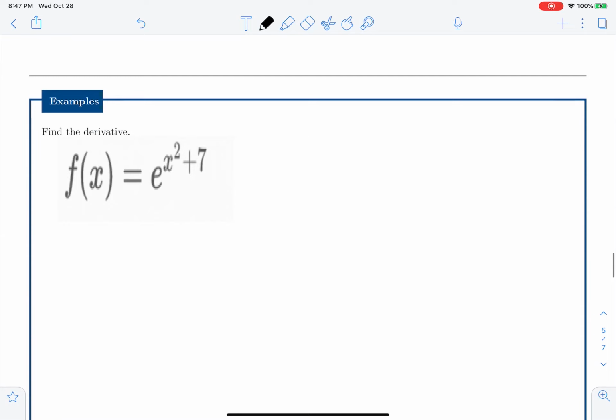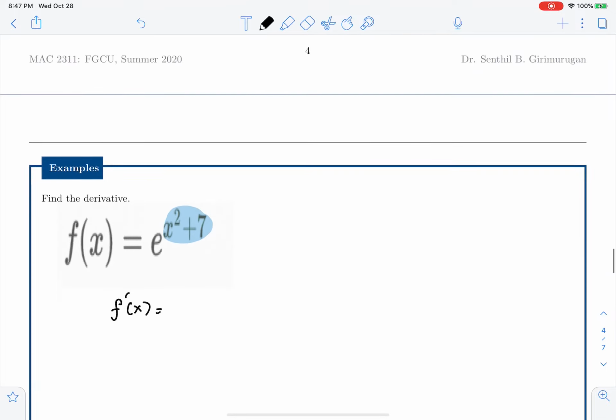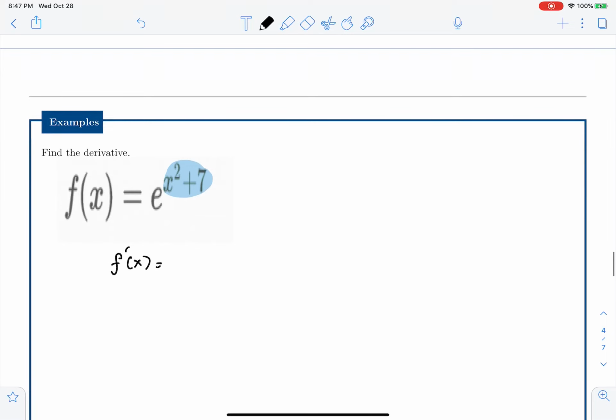This problem is very similar to the previous problem. Instead of x, we actually have a function of x in the power. So we are going to treat the power as x for the time being. So the derivative of e raised x squared plus 7 is e raised x squared plus 7.